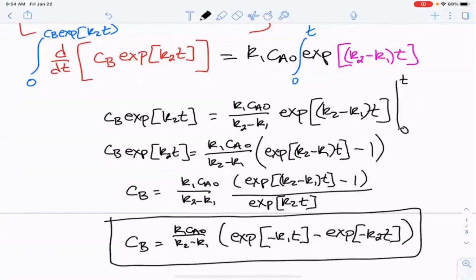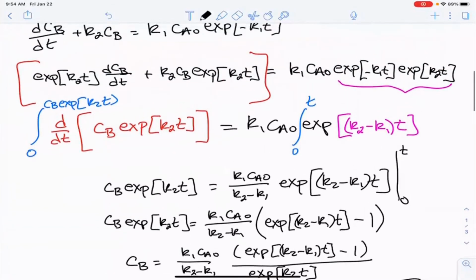And hopefully this result makes some kind of sense. The concentration of B should be related to the initial concentration of A and the rate constants, and this is the contribution of reaction 1 and the contribution of reaction 2. So we did all that math, but we end up with an equation that makes some kind of sense.